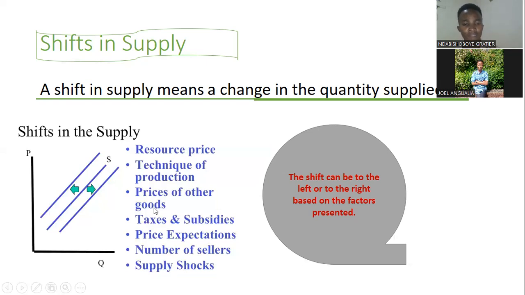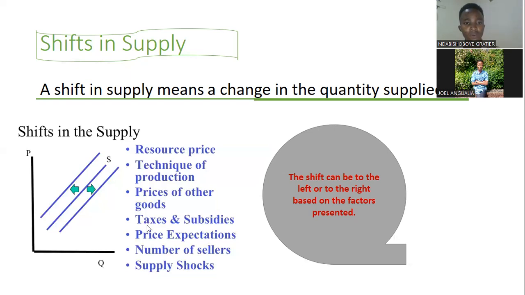Taxes and subsidies. Favorable government taxes encourage production. And when production increases, supply increases, shifting the curve to the right. However, high taxes and no subsidy discourage production, which leads to a decrease in production, hence a decrease in quantity supplied, shifting the curve to the left.